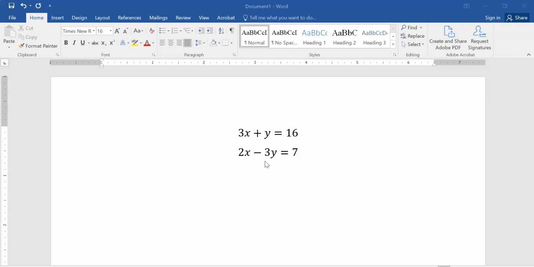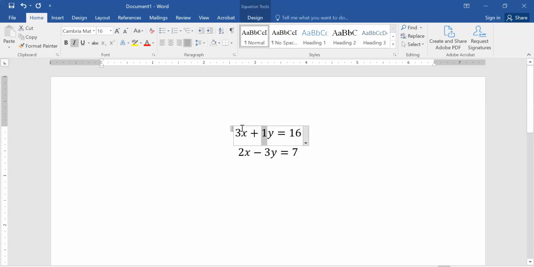So that's what we're going to do. We're going to choose either the y's or the x's to eliminate. I'm going to start by choosing the y's to eliminate. If you wanted to choose the x's, you could have done that as well, but I think in this case it's easier to choose the y's.